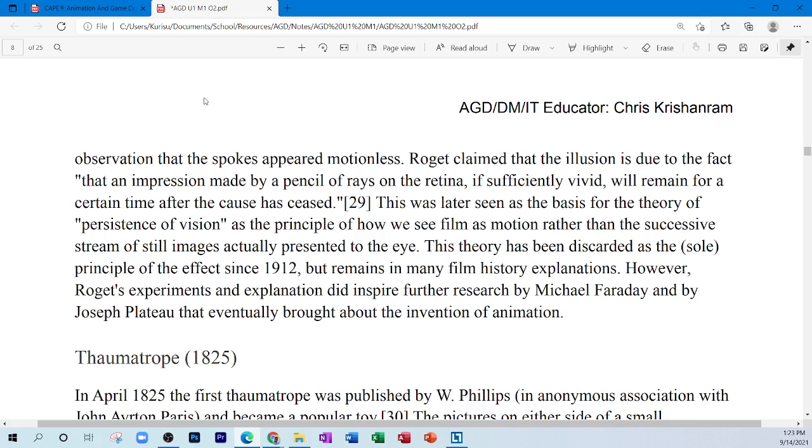Some would say our persistence of vision is around 0.04 seconds. Some say 0.06. Some say 1/3 of a second. Some say 1/16 of a second. So there's different variation as to what the theory says. But the main principle for you to remember is the idea of it.